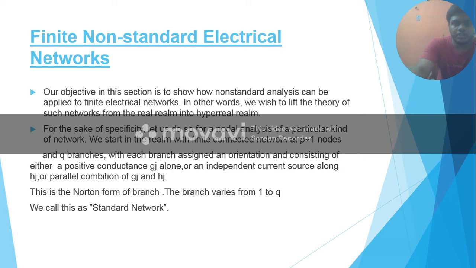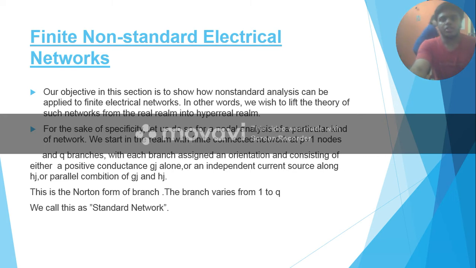If any circuit is given, there are many points or junctions, which are known as the nodes, and the network is a finite connected network with p plus 1 nodes. Here the p represents the number of branches which are present.